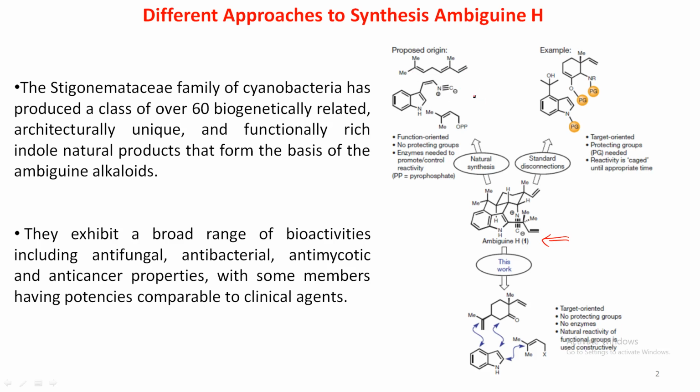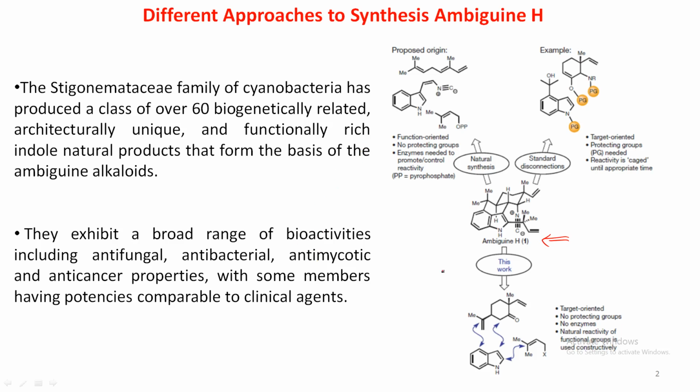But when we make this kind of molecule, what people do is use protecting group chemistry. Otherwise, controlling the reactivity of these particular centers may seem very difficult. But for the sake of this particular paper, they probably do not use any protecting groups.